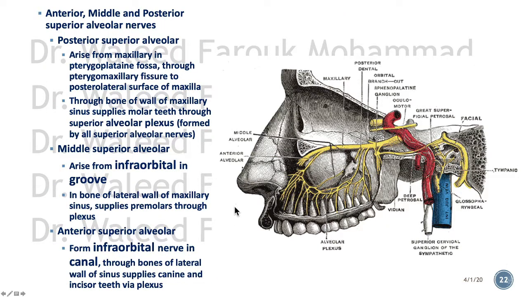The superior set of teeth is by the posterior, middle, anterior, superior alveolar nerves.